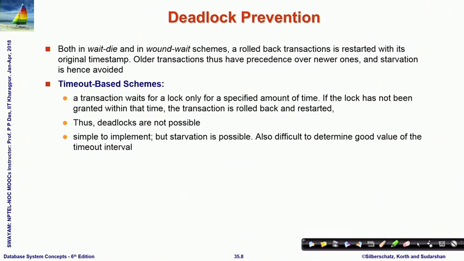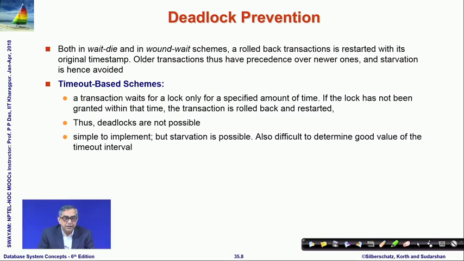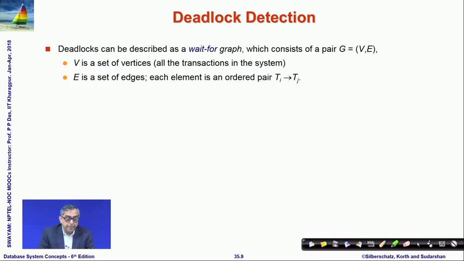If you wait too short, you will spend a lot of time in rollback and restart. If you wait too long, your throughput will go down, because several transactions are waiting on locks. So, theoretically it does avoid deadlock, but in terms of starvation and practicality, there are critical things to decide.